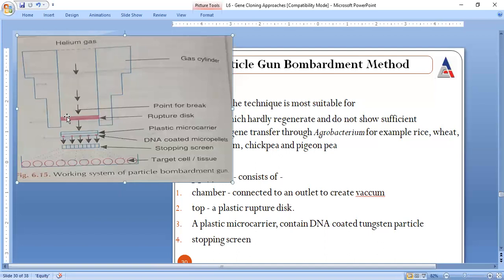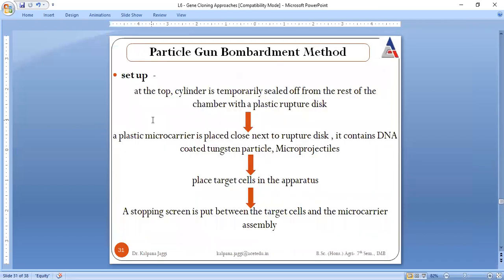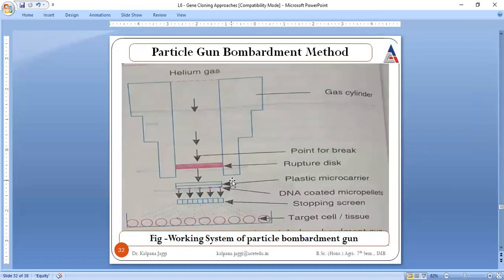Then at the top there is a rupture disc. Then we have a plastic microcarrier that contains DNA coated tungsten particles, and here is the stopping screen. So this is the setup.